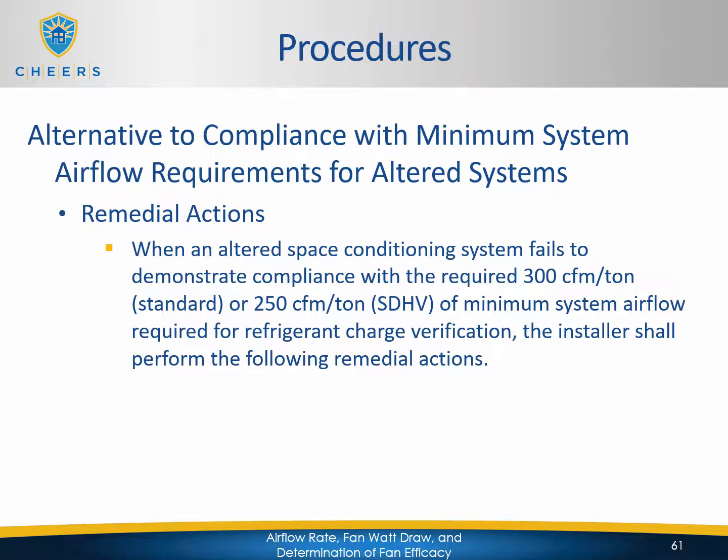This is when the altered space conditioning system fails to demonstrate compliance with either the 300 CFM per ton or 250 per ton required for refrigerant charge verification. We'll go through and look at the 6 actions that the installer shall perform in order to comply with this alternative method.